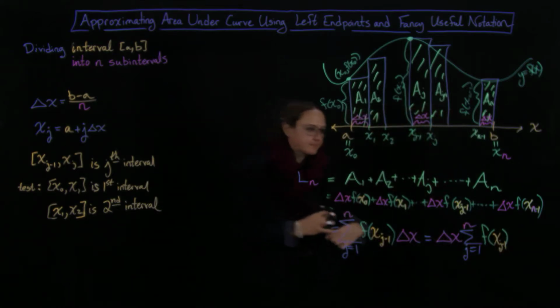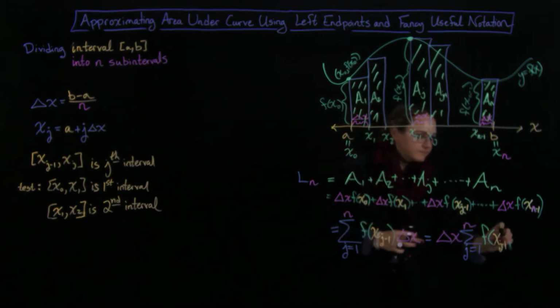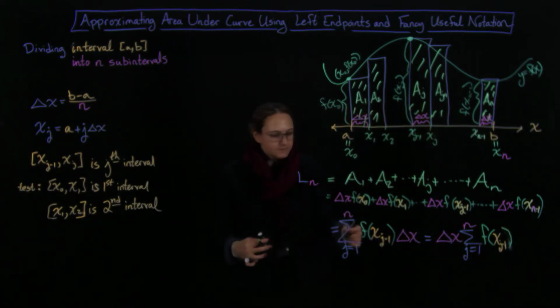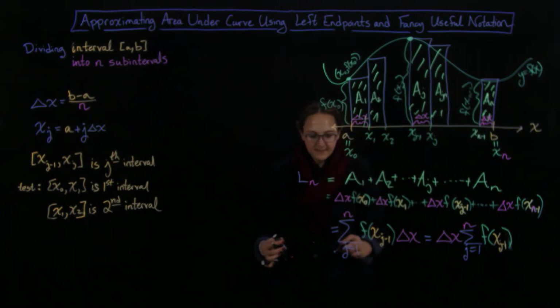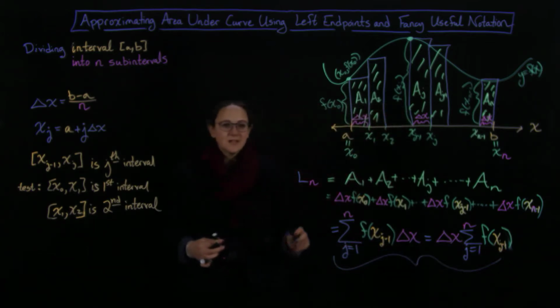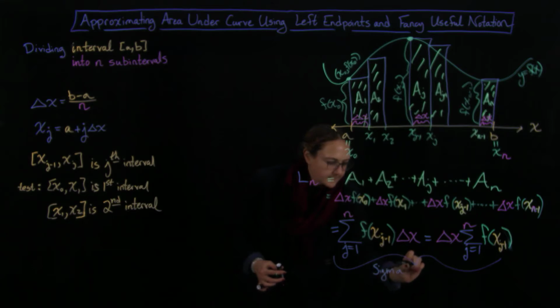Okay? Let's make sure that's really clear because that's really important. So that's xj minus 1. Okay. And this has a special name. So both of these, either of these, has the same special name. And the special name for either of those is sigma notation.